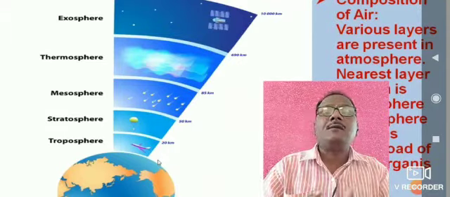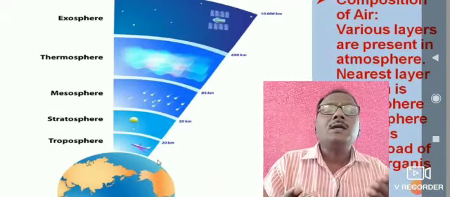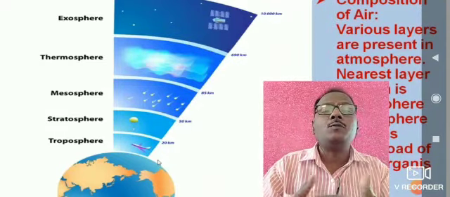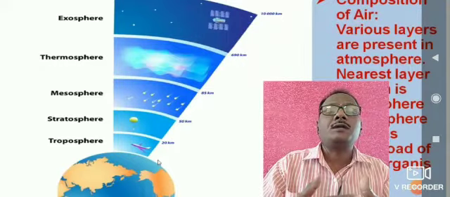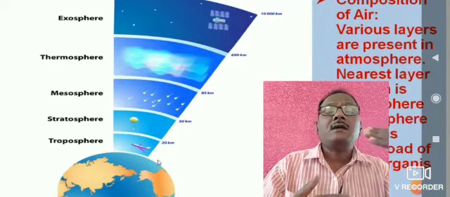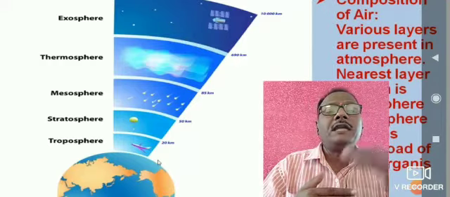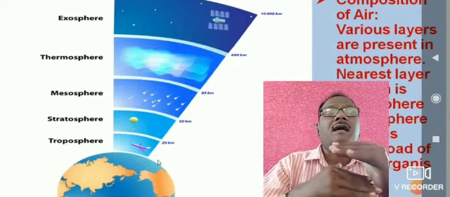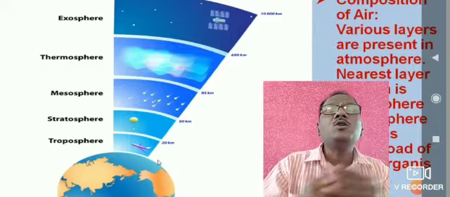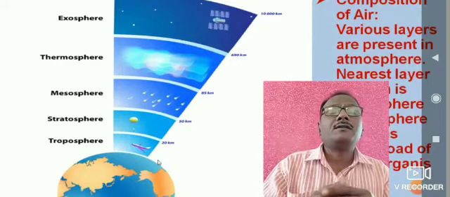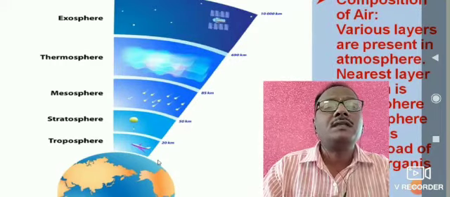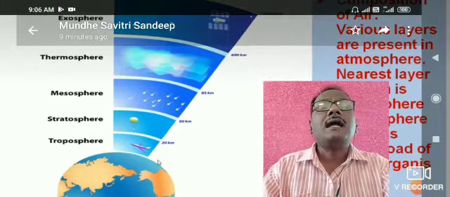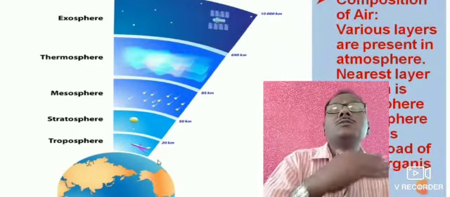The second layer is the stratosphere, from 20 to 50 kilometers above the land. From 50 to 85 kilometers is the mesosphere. From 85 to 690 kilometers is the thermosphere.